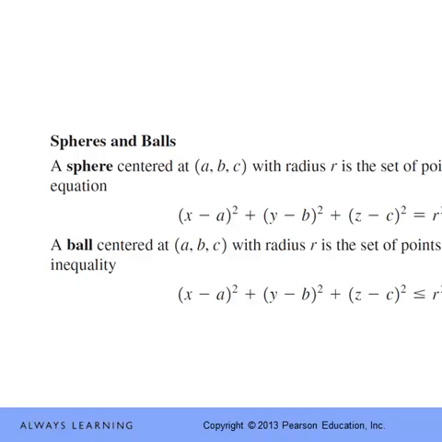But if you want the 3-dimensional ball, the solid ball that is centered at (A, B, C) with radius r, then instead of having an equation, you can have the inequality, less than or equal to r squared.